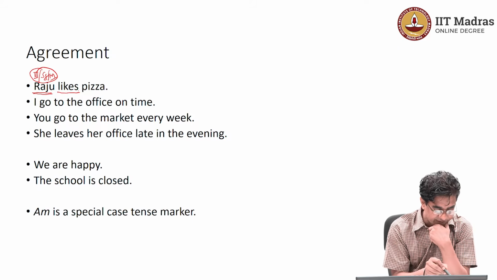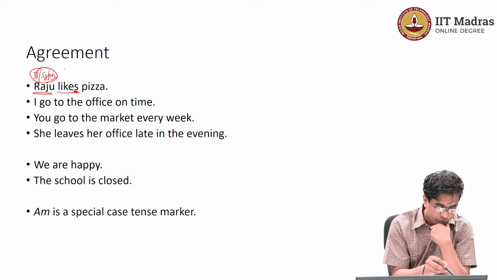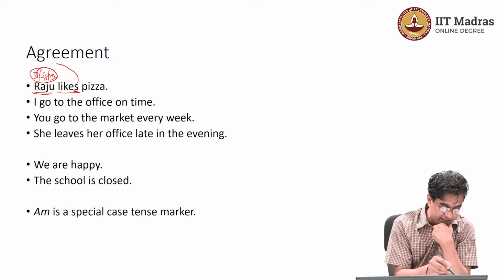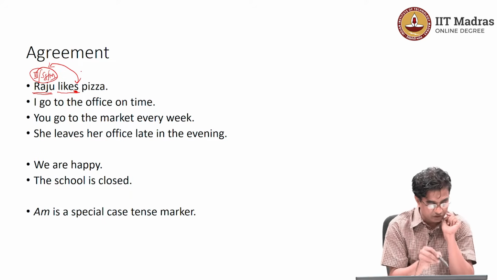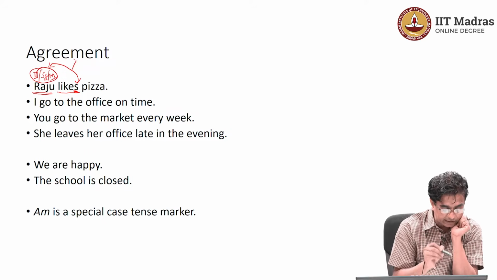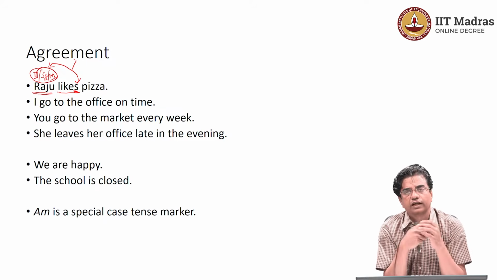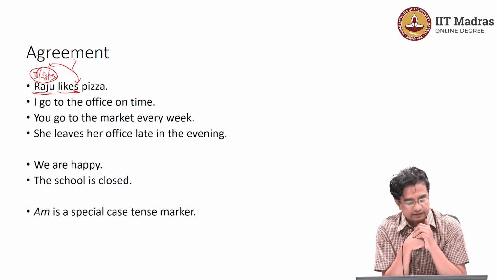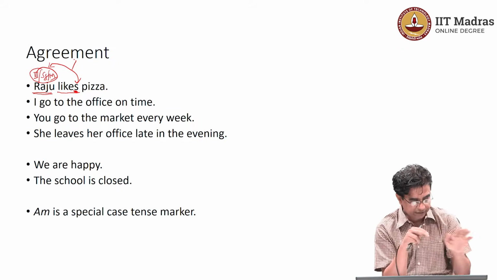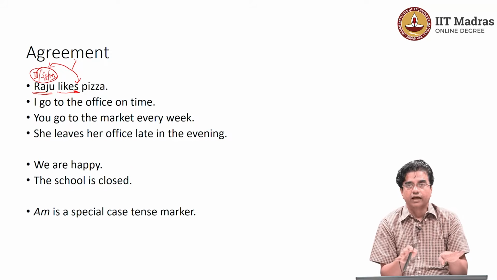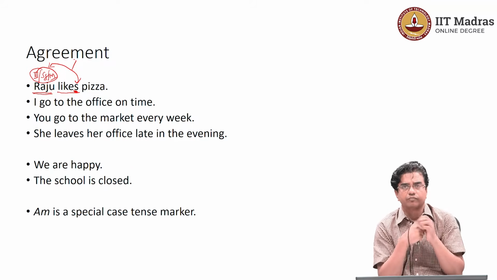So in this case, we see this small part on the verb, which basically match with these features. And this is what is called agreement in English sentence. It's true for all languages, but since we are talking about English, this is true for English sentences. This is what we call subject and verb, agreement between subject and verb.